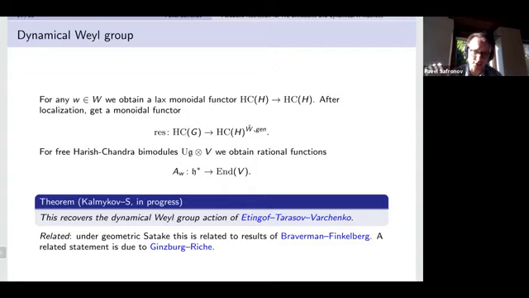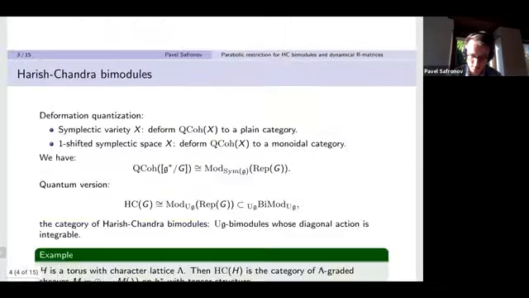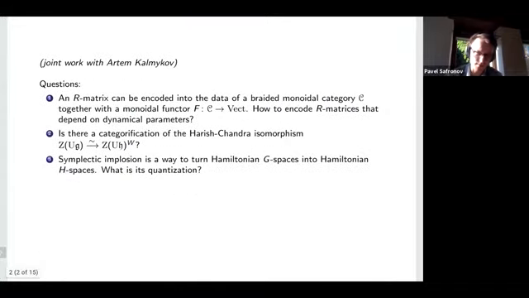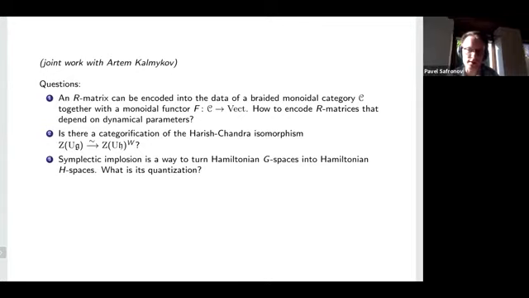So you can look at the Harish-Chandra restriction not to the Cartan, but you can look at the Harish-Chandra homomorphism into any Levi. So here H doesn't have to be the Cartan, H can be a Levi, and W is the corresponding Weyl group. And you would expect exactly the same statement on the categorical level, but we haven't looked into that yet.